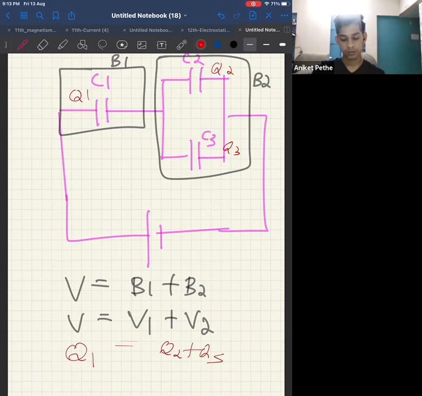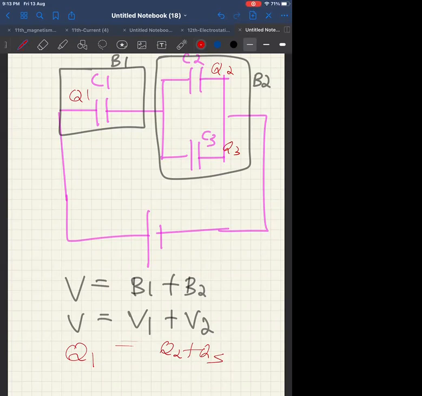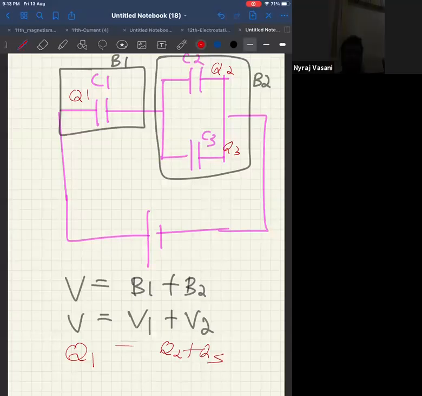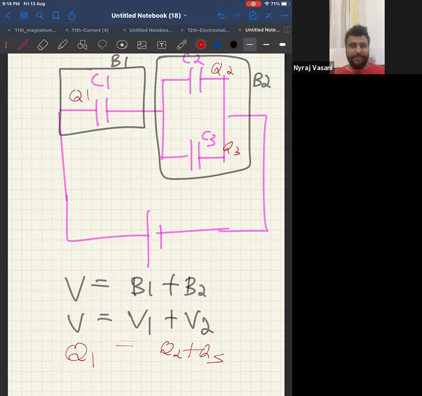Two isolated conducting spheres. Correct. The question and answer are different. The question should be find the energy on each capacitor, not charge density. Correct. The question is wrong. Did you understand? Otherwise, energy stored in each capacitor, energy stored in C1.